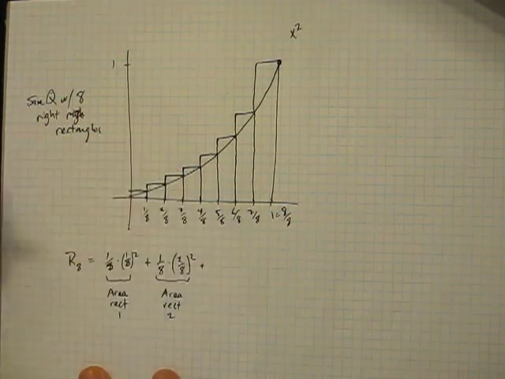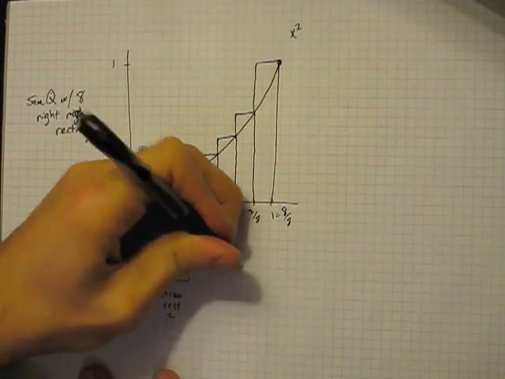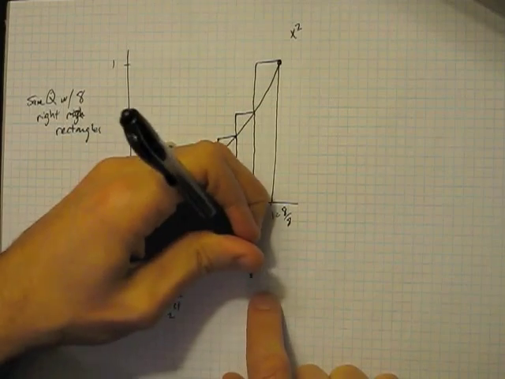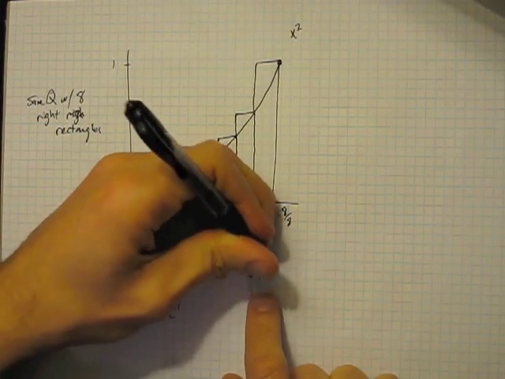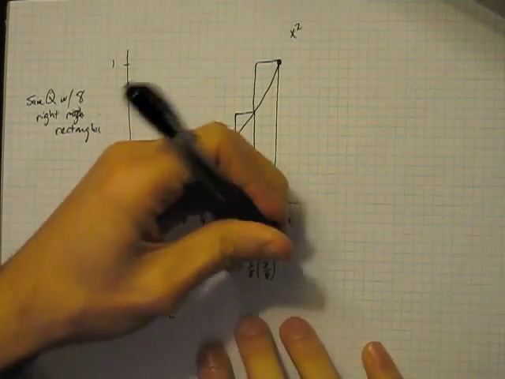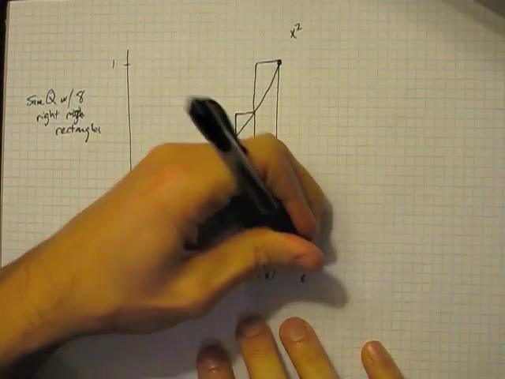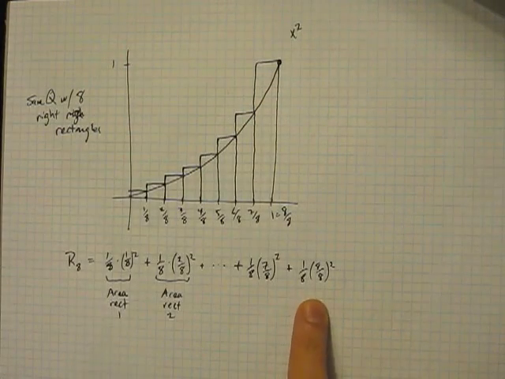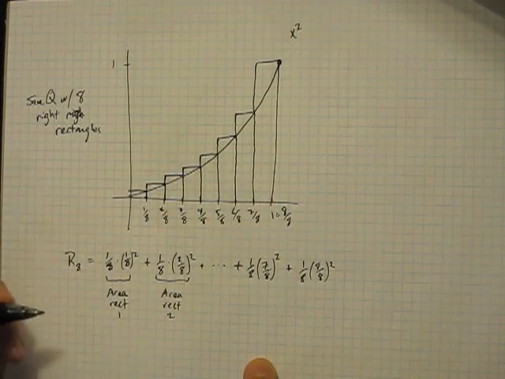Okay, and then so on. And we'll get to 1/8 times 7/8 squared. That's the area of this 7th rectangle. And then one more, 1/8 times 8/8 squared. That's the last rectangle. Okay.